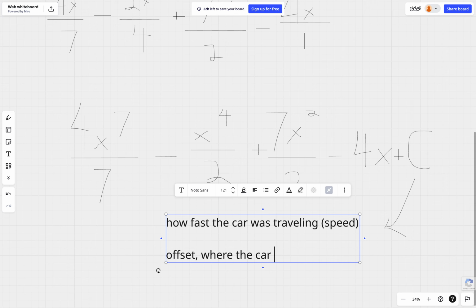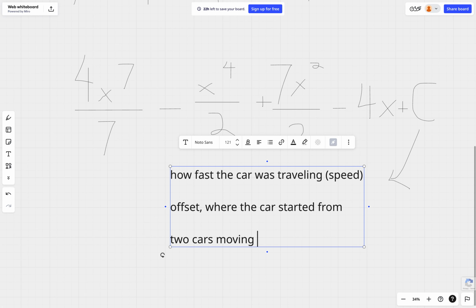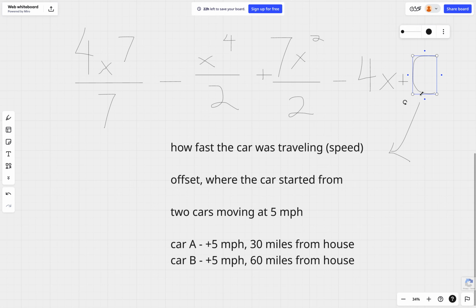We have two cars moving at 5 miles per hour. Car A moving at 5 miles per hour could have started at 30 miles from the house. Car B, same speed, could have started 60 miles from the house. And that's where C comes in, because C is a constant representing either 30 or 60.